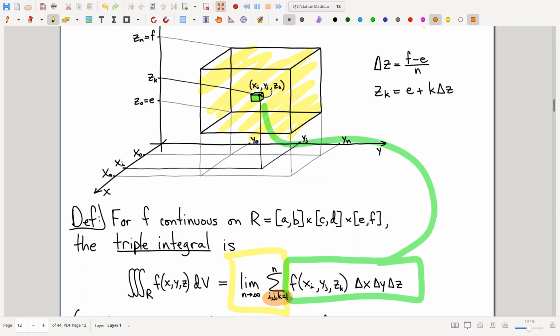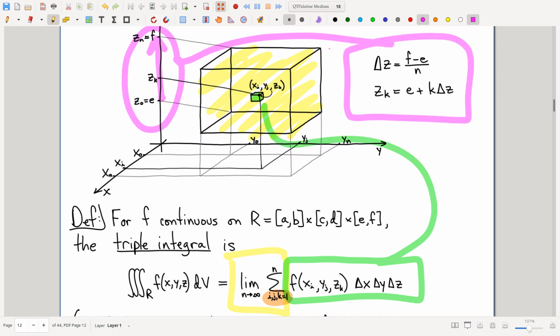There are new little particulars about what happens when I slice up the z-axis. No big deal. This is all highly analogous to when we sliced up the x-axis and the y-axis. Different particulars. So a couple little extra details, but basically chop it up, add it up. This is what we're adding up, and this is how you add them up, pretty much.